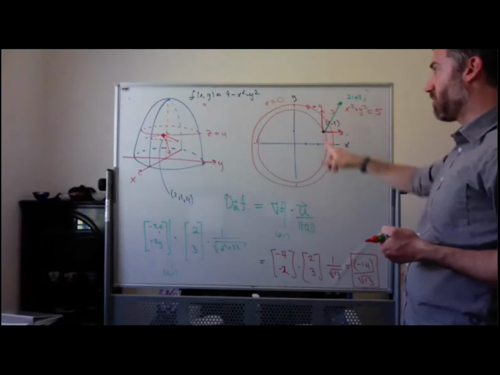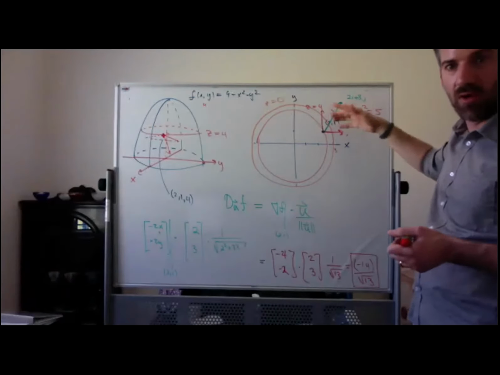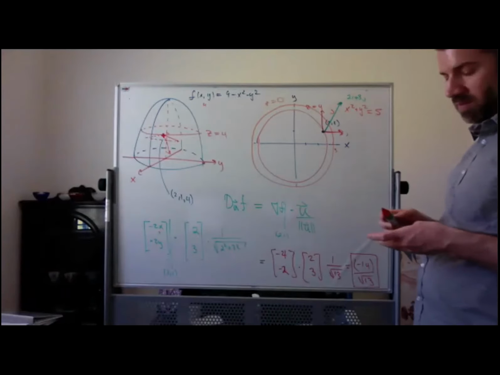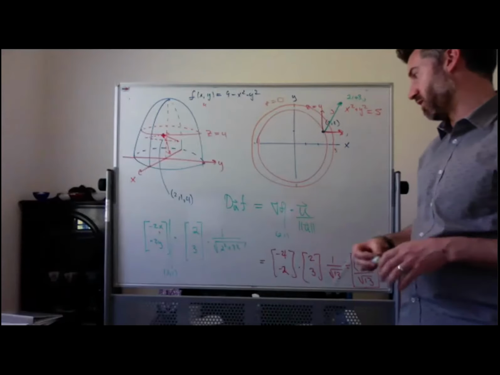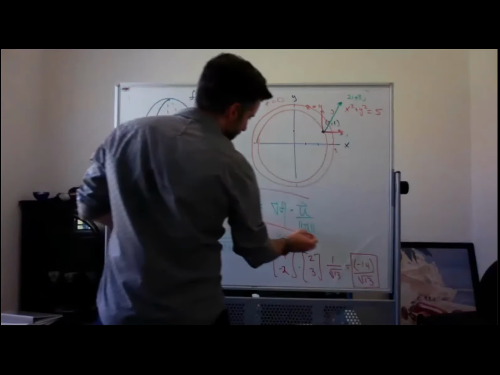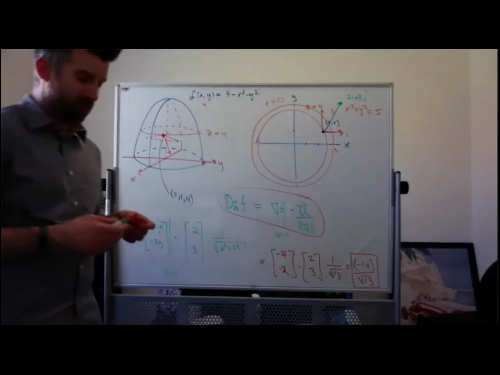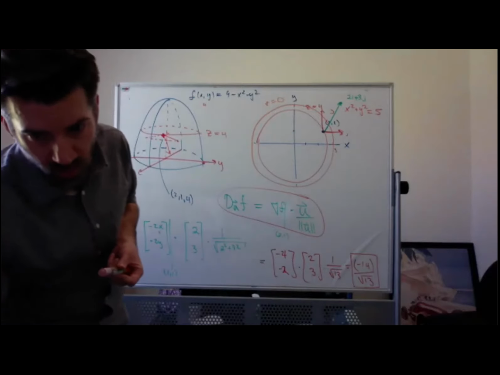If I go more in the y direction, it's going to be less because it takes me longer to cross down to that lower value. So hopefully that gives you some sense of what's going on. On Monday, we'll definitely talk more about directional derivatives, but this is the formula you need to know. I would like to give you more context for it next time.